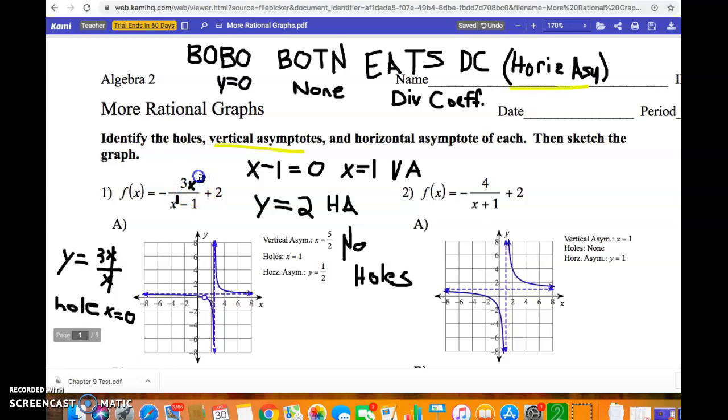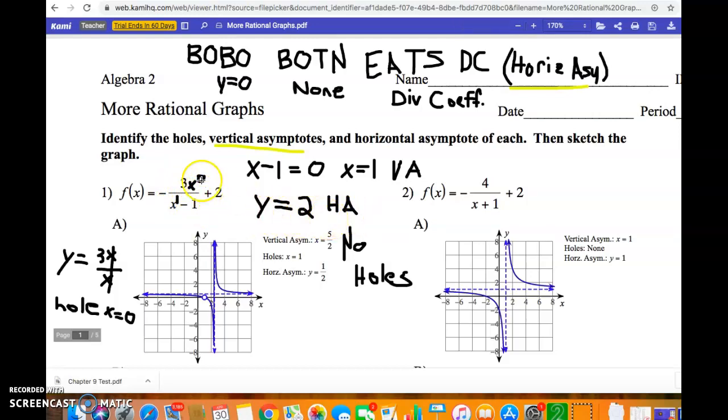It's not really there, but technically there is a 0. So look at your exponents of the x. If the exponents of the x are bigger on the bottom, just the x's, bigger on the bottom, you have 0. So y equals 0 looks to be your horizontal asymptote, but it's 0 for this, but we have to add the 2. That's why your horizontal is y equals 2.